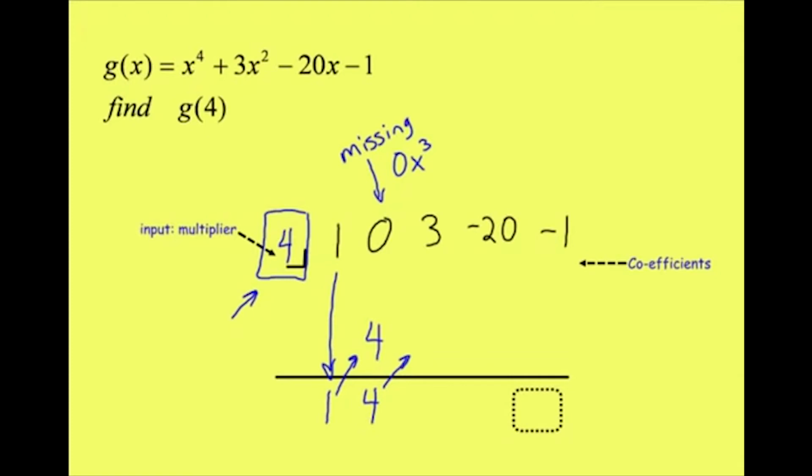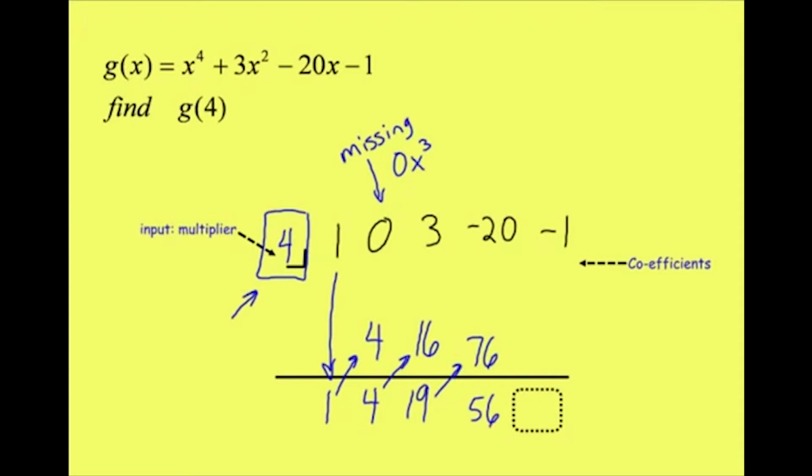So the 4 that we had times our multiplier of 4 is 16. We'll add the 3 and the 16 down. Makes 19. Our multiplier of 4 times the 19 gives us 76. We'll add down negative 20 and 76 is 56.